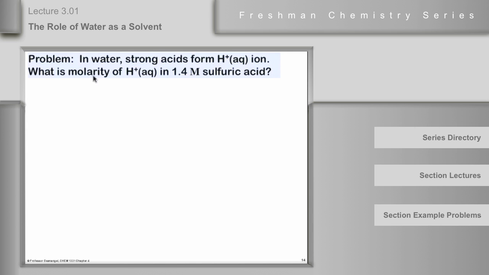So if we wanted to find out what is the molarity of hydrogen ion in 1.4 molar sulfuric acid, we would do it from the formula and the idea that sulfuric acid is a strong electrolyte. 2 moles of H+ aqueous are formed for 1 mole of sulfuric acid.